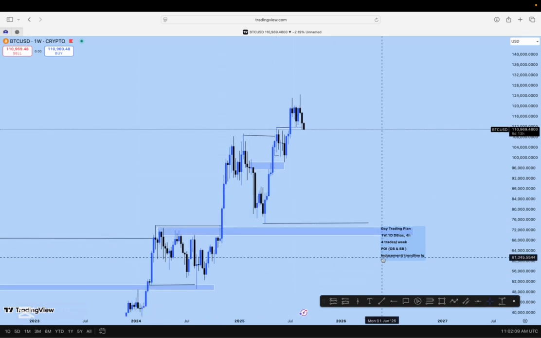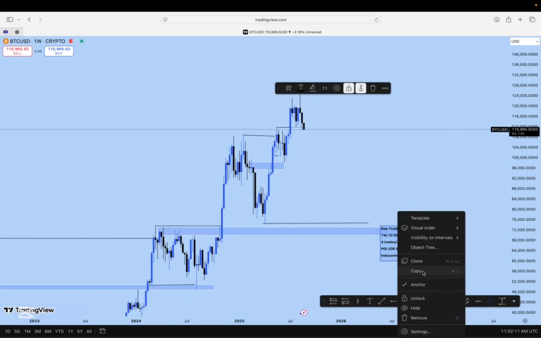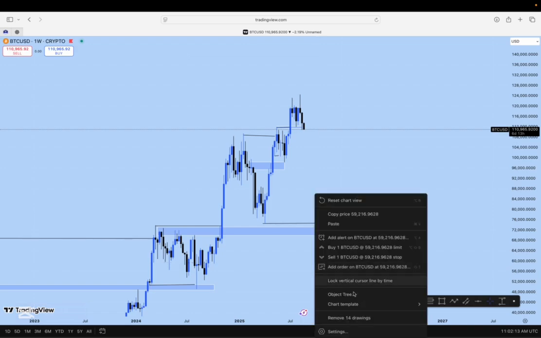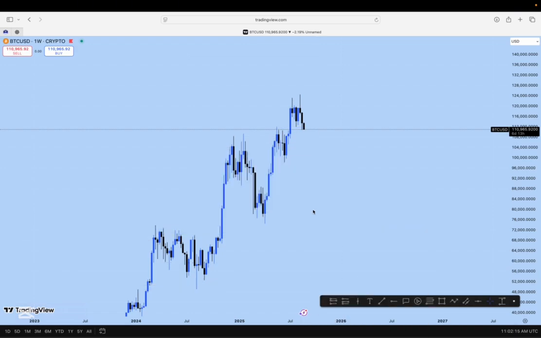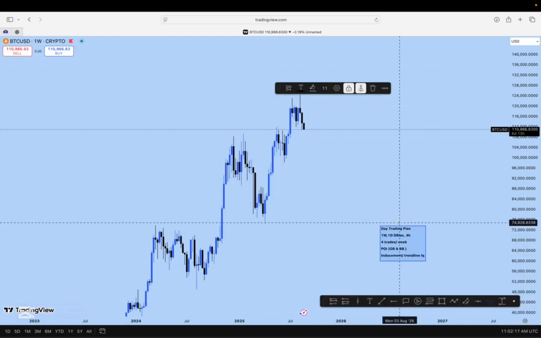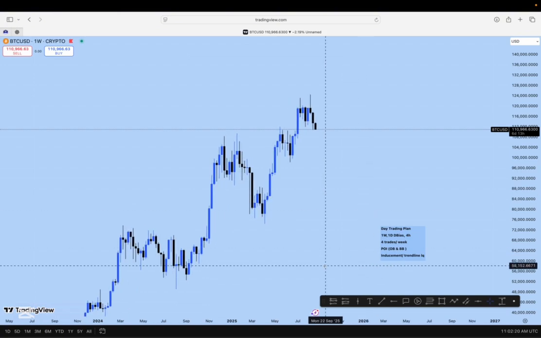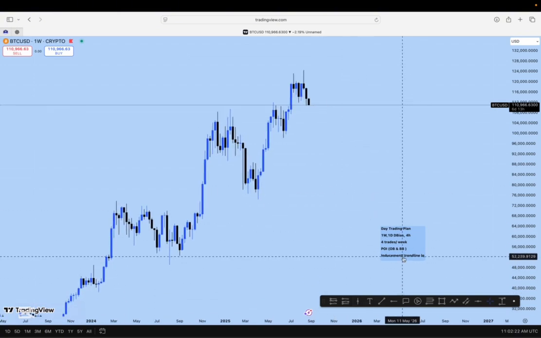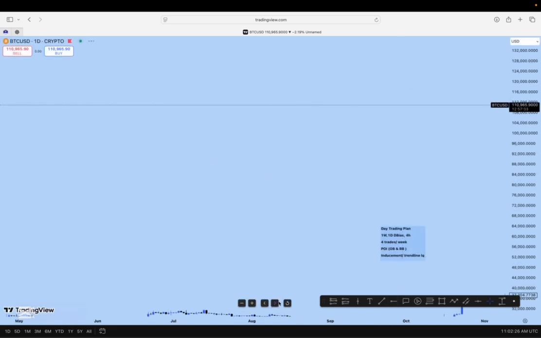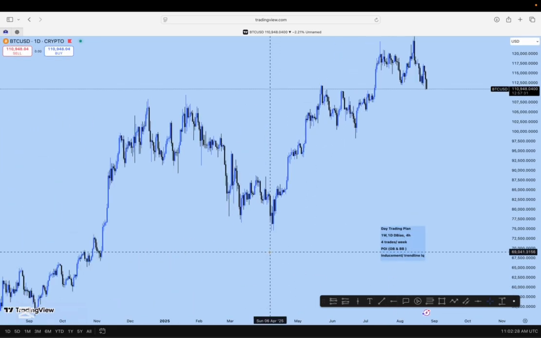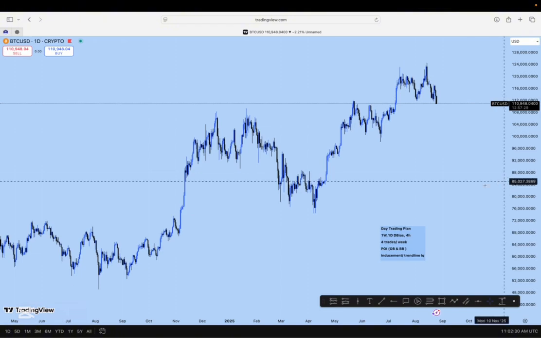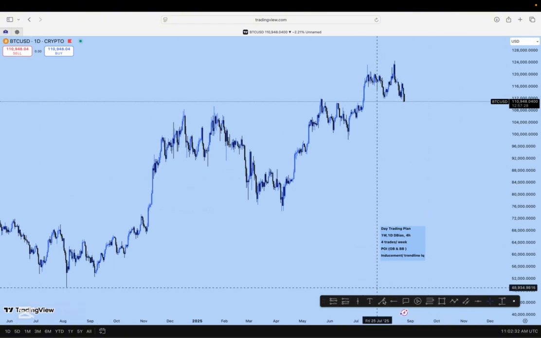So let me clear the chart and give you a clean outlook. So now we want to use trend line, and then yes, we want to use trend line.